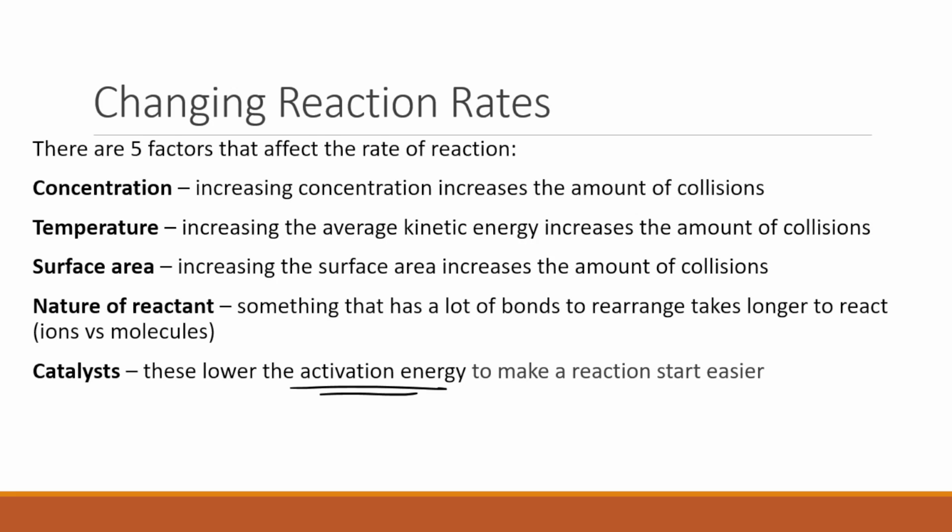We're not really talking about angles when we talk about catalysts. When we talk about catalysts, we're talking about activation energy. We're talking about what is the minimum amount of energy required to start this reaction, and how can I make that even lower? Instead of costing 15 kilojoules worth of energy, now it costs 10 kilojoules worth of energy. An easier target to hit, an easier threshold to meet. Therefore, an easier reaction to start.